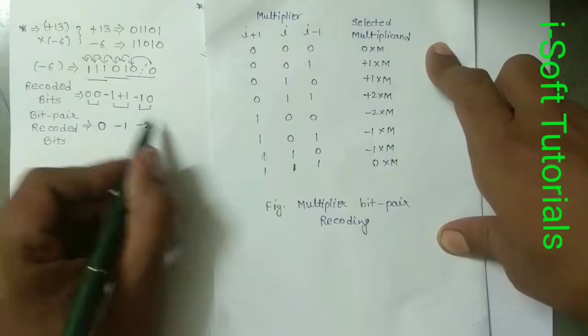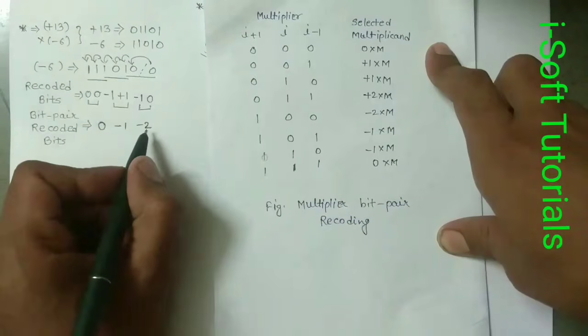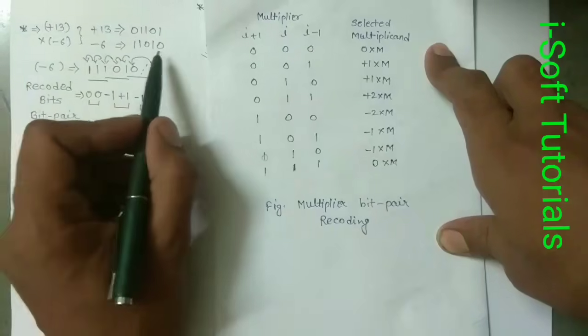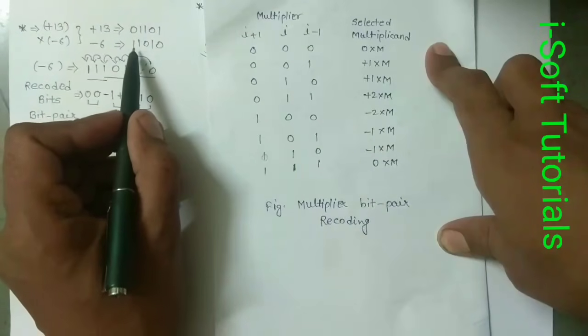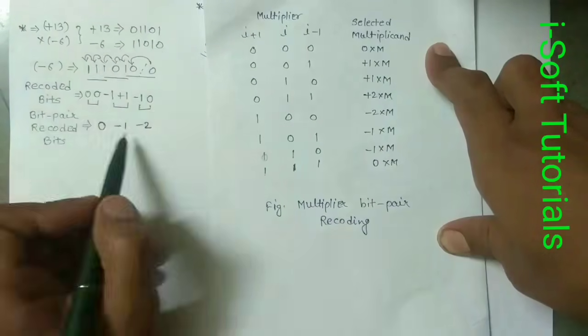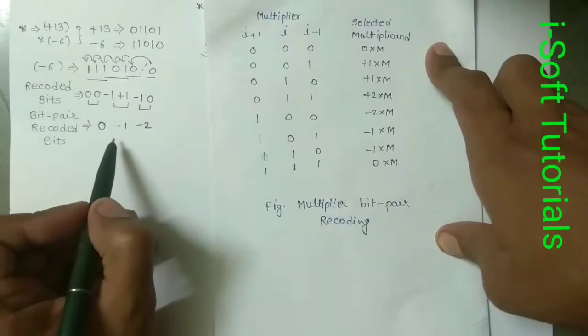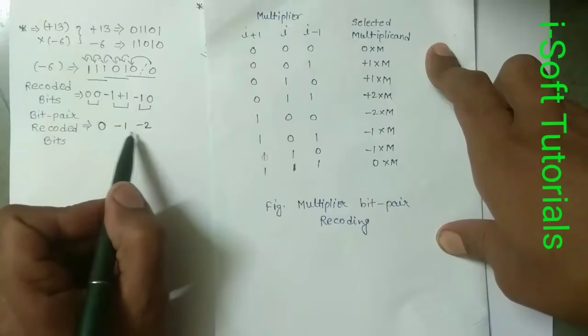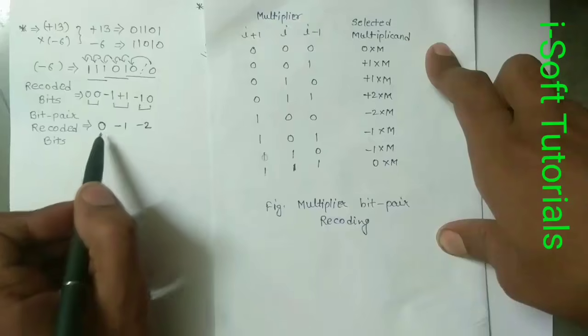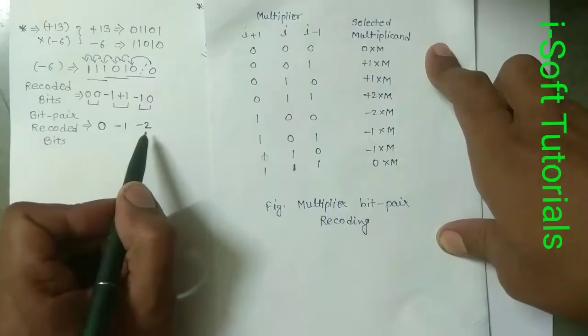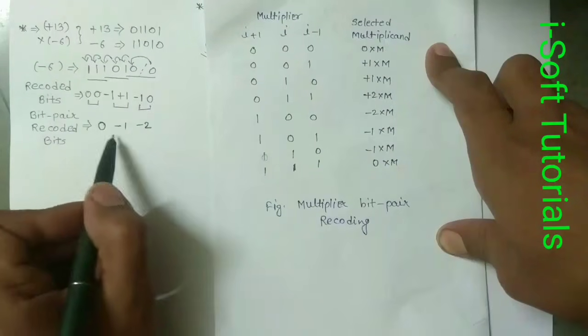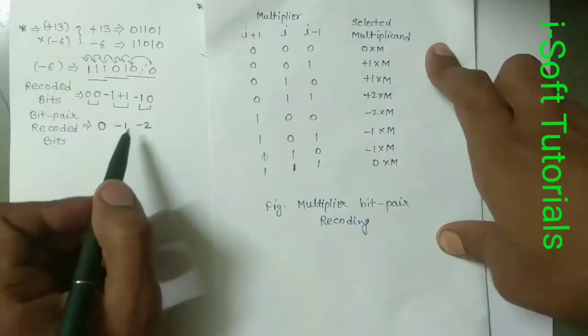So what we got from these bits is 0, minus 1, minus 2. So if you observe here, first our multiplier was of 5 bits. So it is nearly n by 2 bits. I am writing by separation with space here: 0 space minus 1 space minus 2. You will get to know why I am adding space in multiplication.